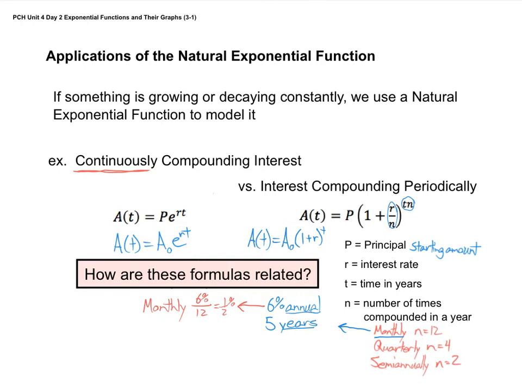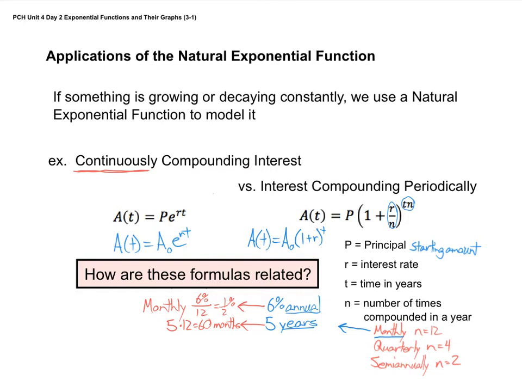Likewise, if we're converting our rate to a monthly rate, we need to convert our unit of time into months. So 5 years times 12 months per year, that means we're going to have 60 months that we are going to be investing this money for.